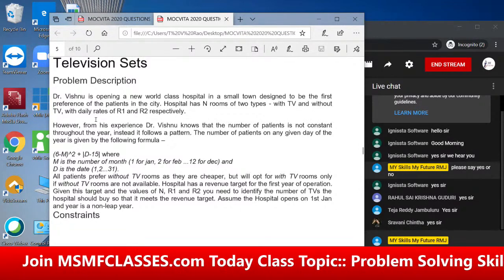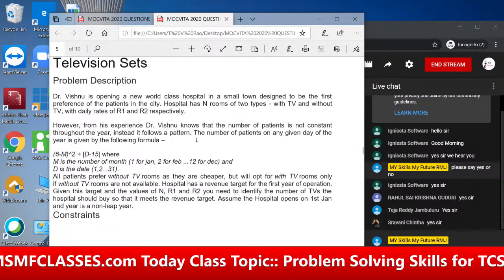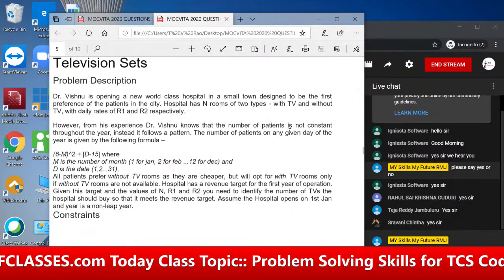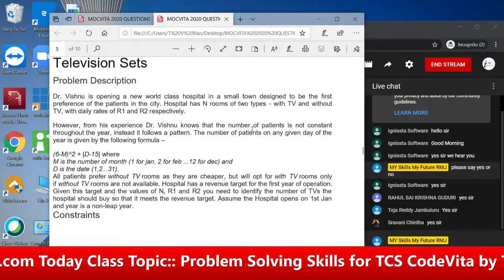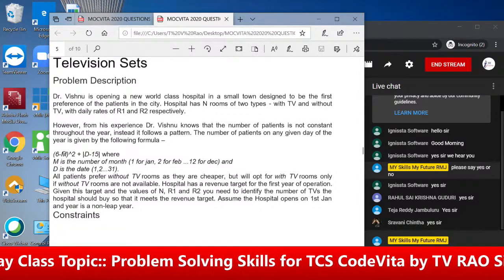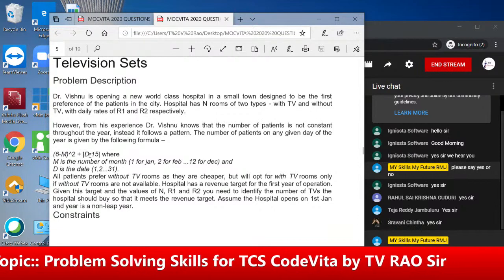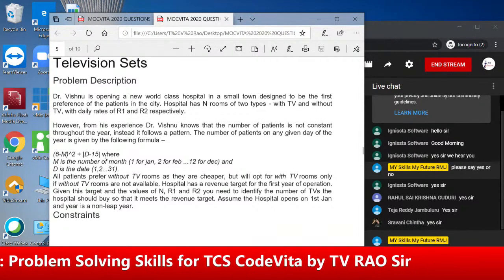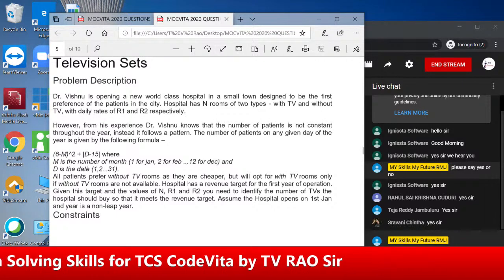However, from his experience, Dr. Vishnu knows that the number of patients is not constant throughout the year. Instead, it follows a pattern. The pattern is 6 minus month square plus absolute value of day minus 15. M is the number of month and D is the date.